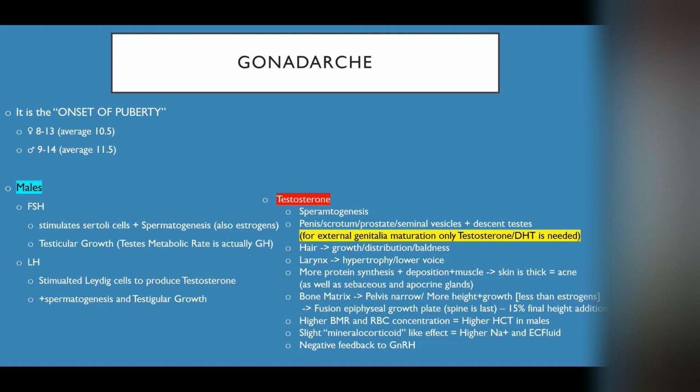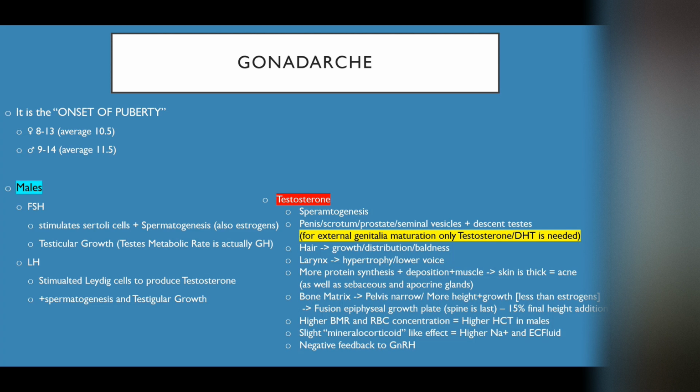Bone matrix, this is very important, okay? An important thing in puberty is that your bone will ossify and you will no longer have growth plates. Which one has a bigger effect on fusing the growth plates, estrogens or androgens? Which gender has the fastest fusion of growth plates?